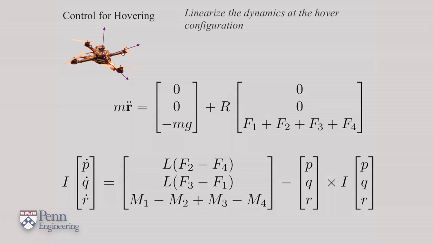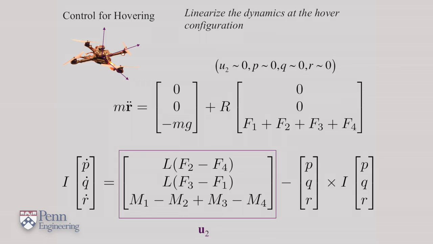We want to look at small perturbations around the hover position. Accordingly, we'll linearize the dynamics around this current configuration. In order for the hover position to be one of equilibrium, the input u2 has to be 0. The rates p, q, and r are equal to 0, and their derivatives are equal to 0.